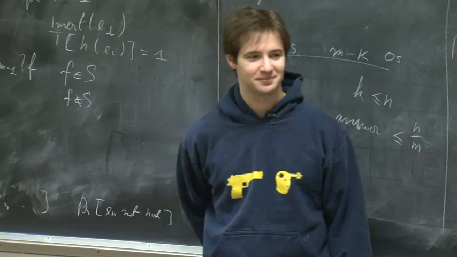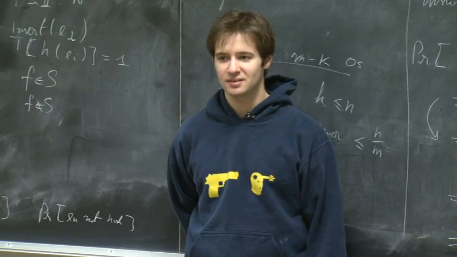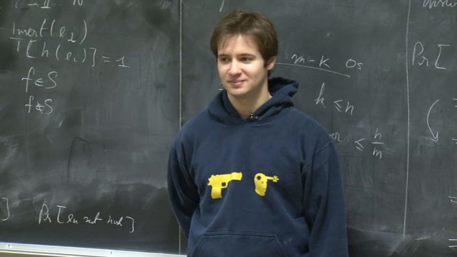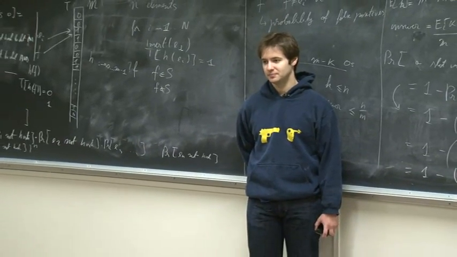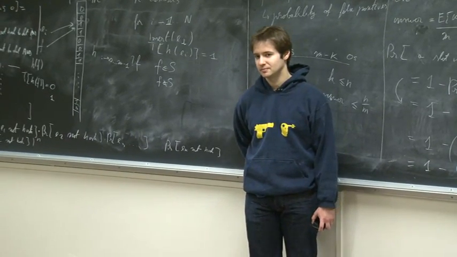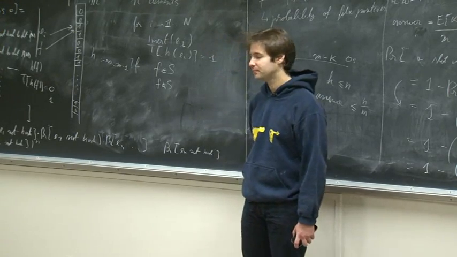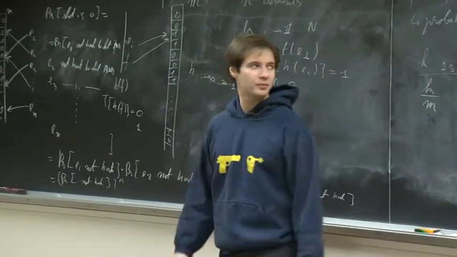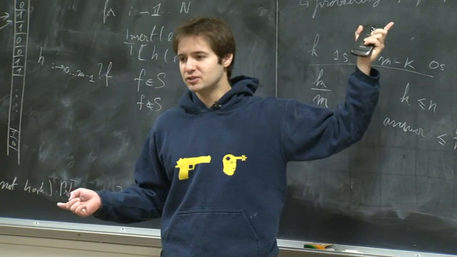Okay, so are we getting this? Somewhat? Yes. So the probability of a false positive, you're saying what's the probability that you get a 1? It actually should be a 0. It's because multiple things map to that one slot, right? So the probability of a false positive is the probability that given a new element, when we hash it, we get the 1.